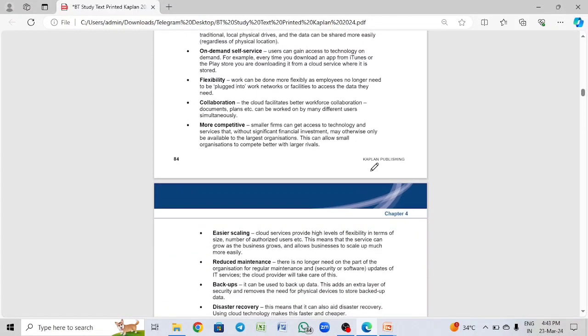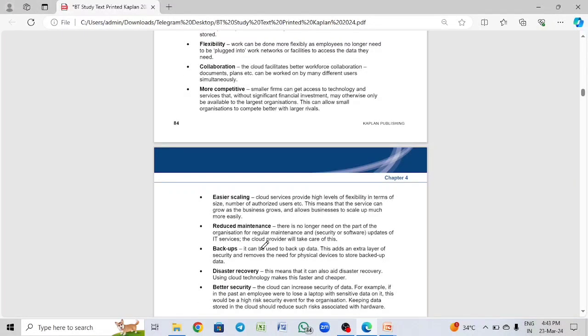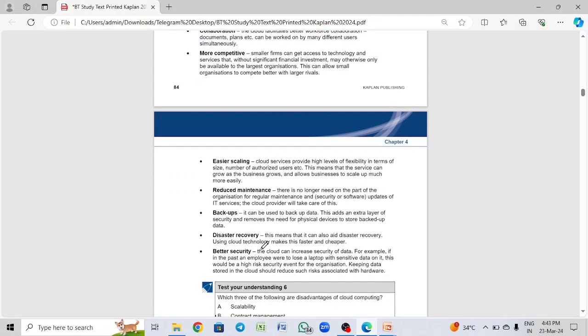Now, it is easier scaling. Cloud services provide a high level of flexibility in terms of size, number of authorized users, etc. This means that the service can grow as the business grows, and allows businesses to scale up much more easily, right? Because now the firms will have investments saved to invest in other areas, where the business can get a higher interest, for example.